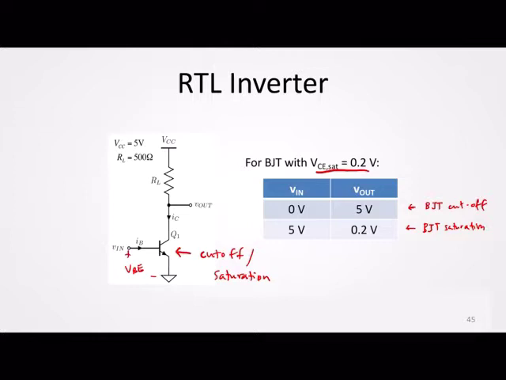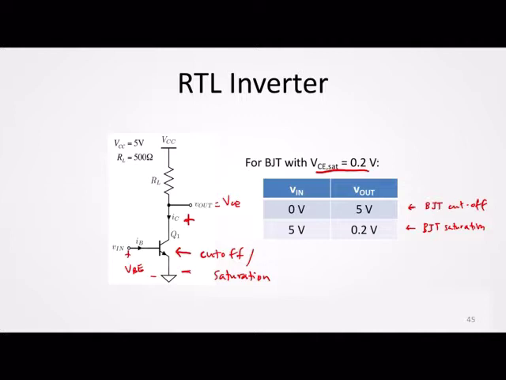In this case, our V out is equal to VCE, the voltage from the collector to the emitter. So here, the input is 0 and the corresponding output is 5 volts; the input is 5 volts and the corresponding output is 0.2 volts. So you actually have an inversion logic going there.